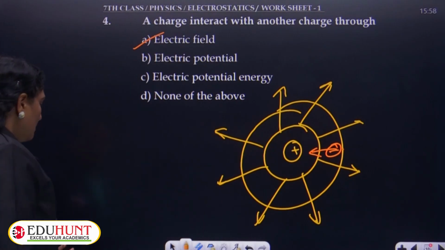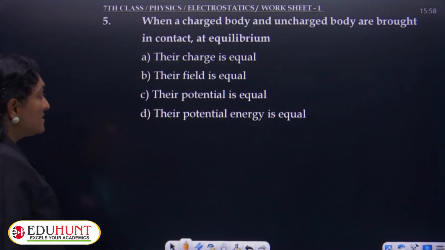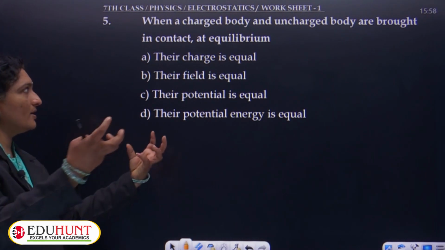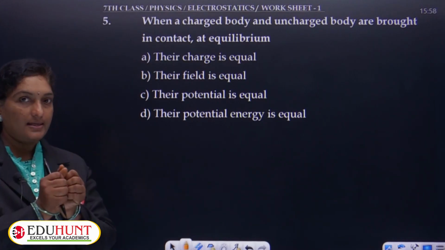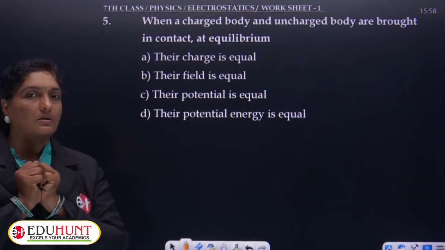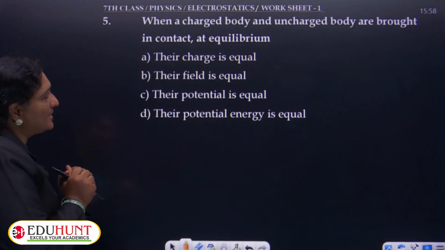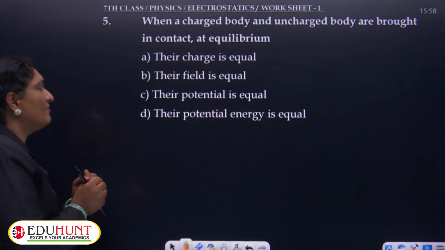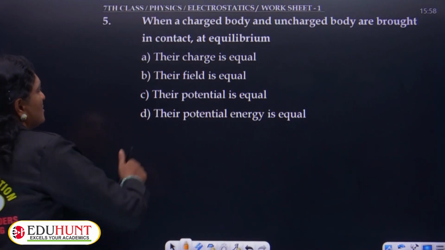Okay, now moving to the next question, that is the fifth question. When a charged body and an uncharged body are brought in contact at equilibrium, then what happens? Their charge is equal, their field is equal, their potential is equal, and their potential energy is equal.